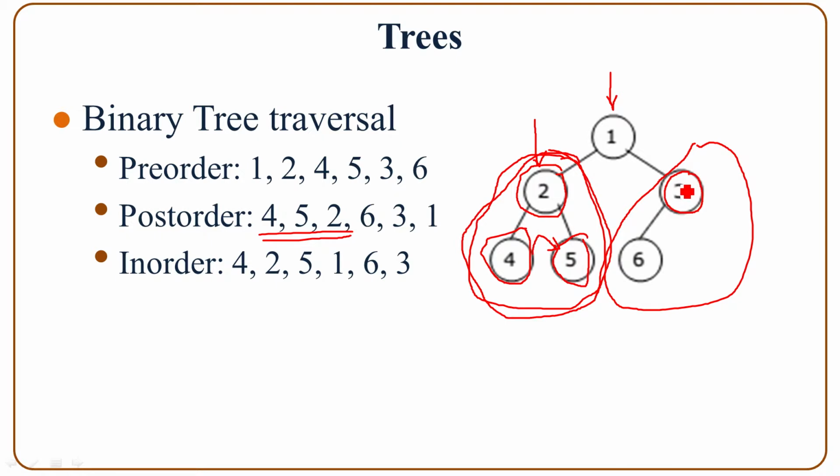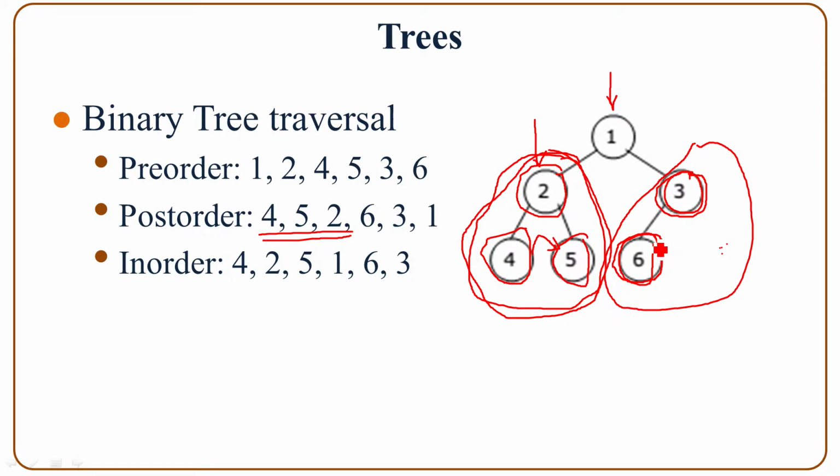Following this type of traversal, we visit the left subtree of node 3 first, which contains only node 6. And there is nothing on the right of 3. So once we are done with 6, because we have nothing on the right, we visit the root, which is node 3.